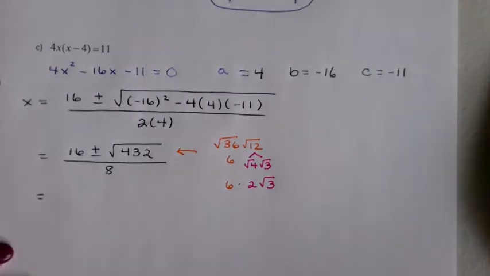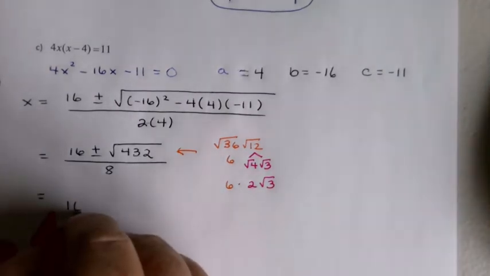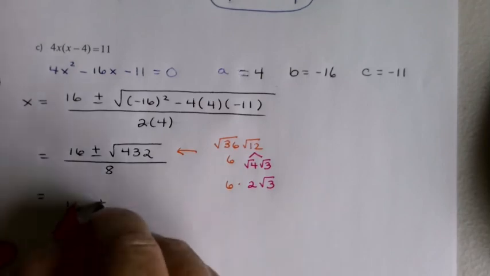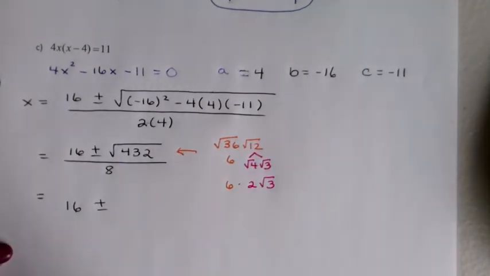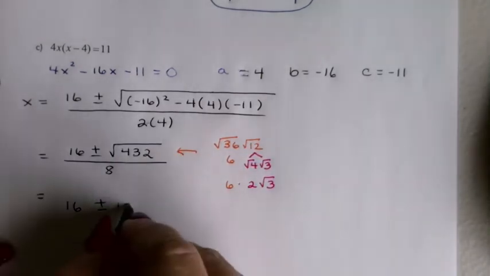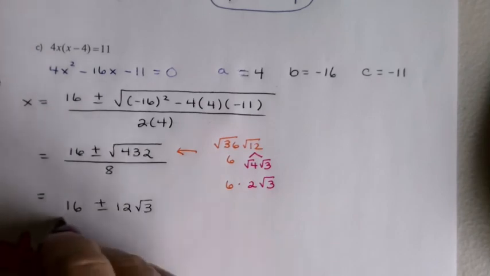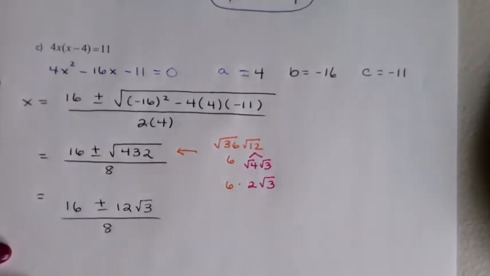So I'm going to go with 16 plus or minus, and after all was said and done, I finally got that broken down to 12 square root 3 divided by 8.